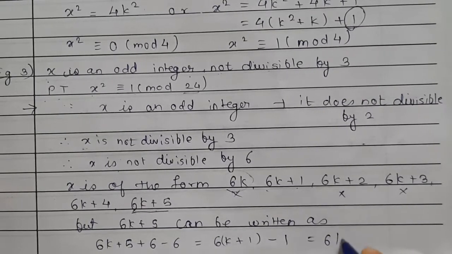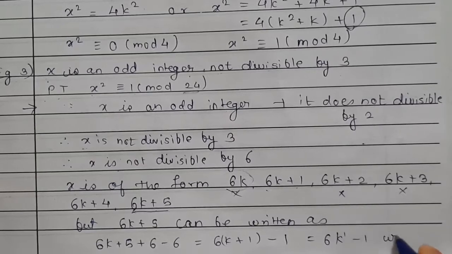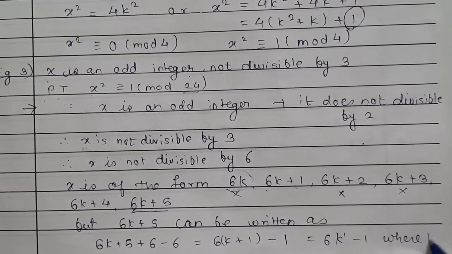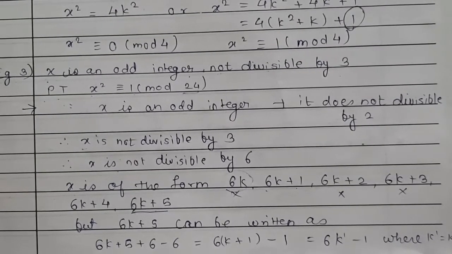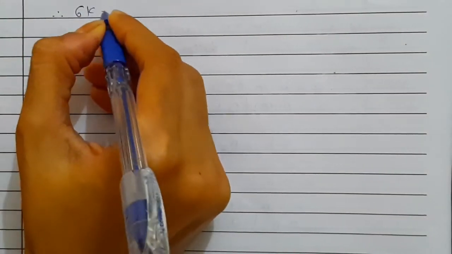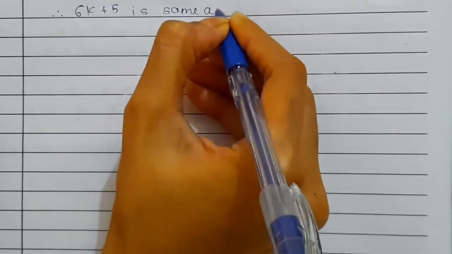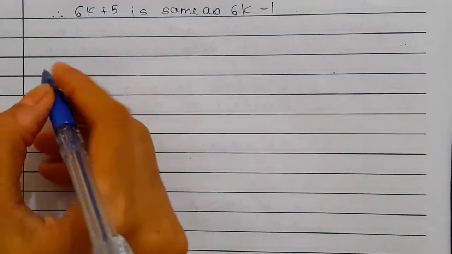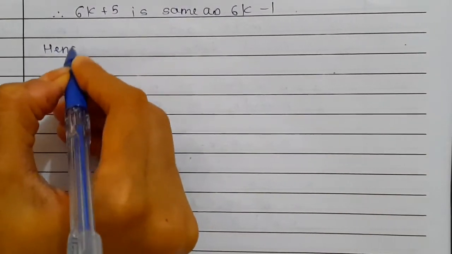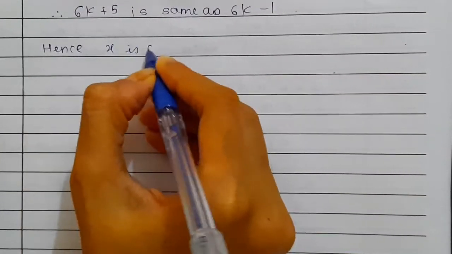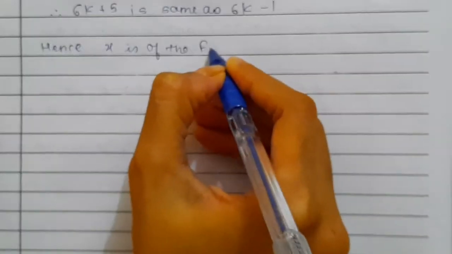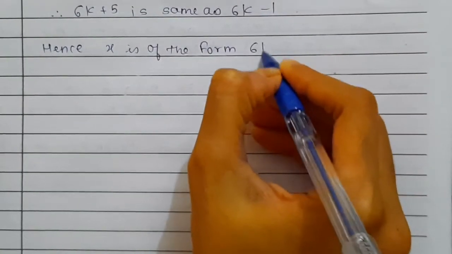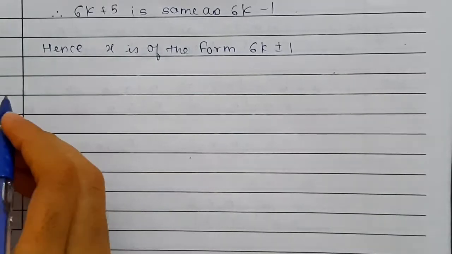So we write 6k dash minus 1, where k dash is equal to k plus 1. Therefore 6k plus 5 is same as 6k minus 1. Okay, hence our x is of the form 6k plus or minus 1.